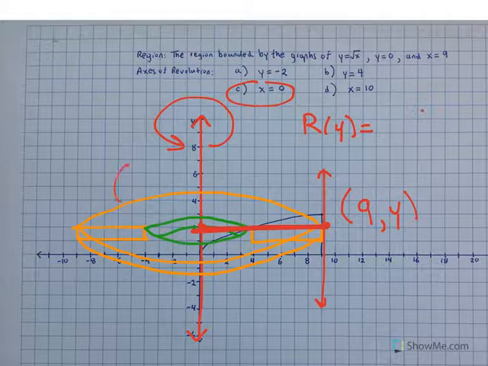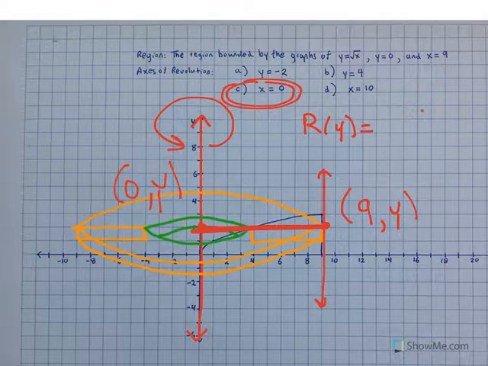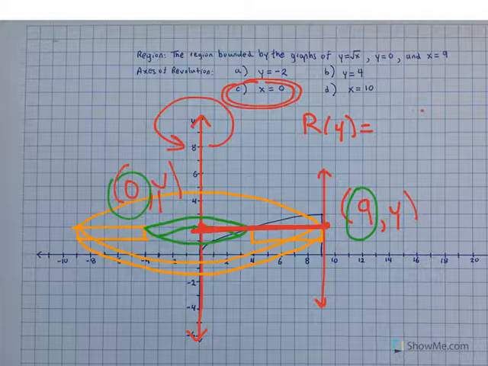And for the left endpoint, the x coordinate is going to be 0 because it's on the graph of x is equal to 0, and the y coordinate is variable. It can be anywhere from 0 to 3. So uppercase R of y, the length of a horizontal line segment, is found by subtracting the x coordinates of the right and the left endpoints. So uppercase R of y is 9 minus 0. In this particular problem, the outer radius is a constant value. It doesn't change regardless of whichever washer you may be looking at within the region.